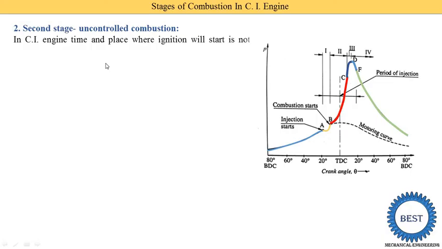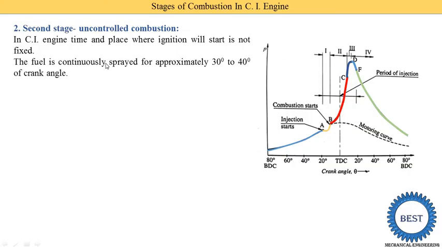In a CI engine, the time and place where ignition will start is not fixed. In a petrol engine it is fixed: when we produce the spark, at that time the ignition starts. But in a CI engine it is not fixed, because the fuel is continuously sprayed for approximately 30 to 40 degrees of crank angle. Here you see the period of injection from this to this, approximately 30 to 40 degrees.